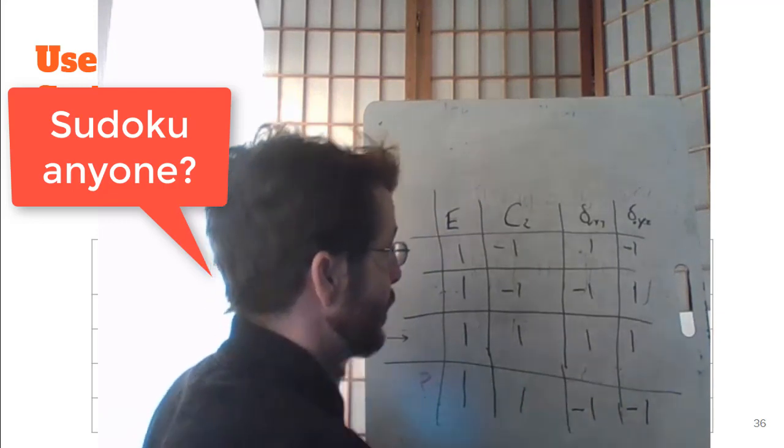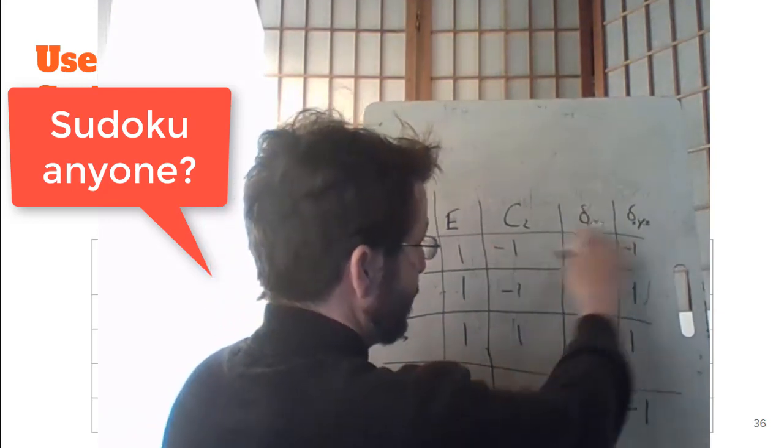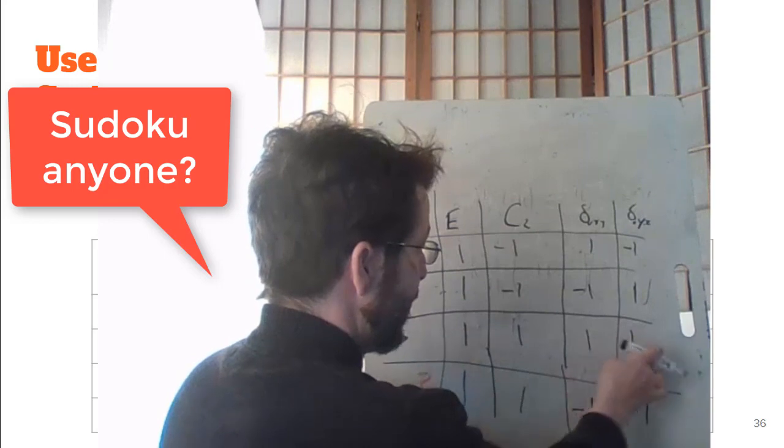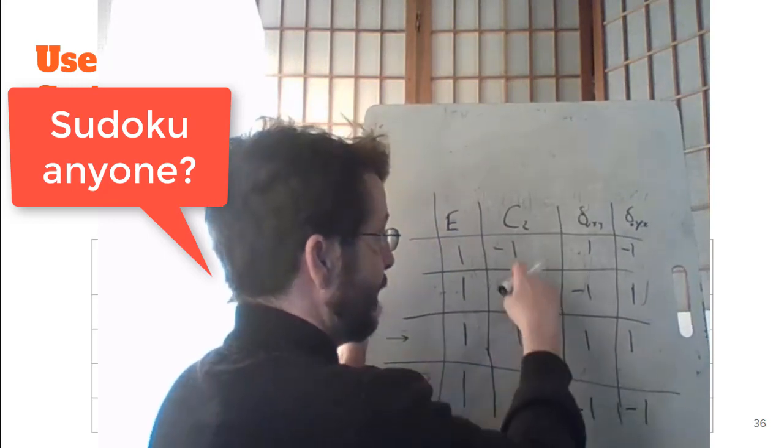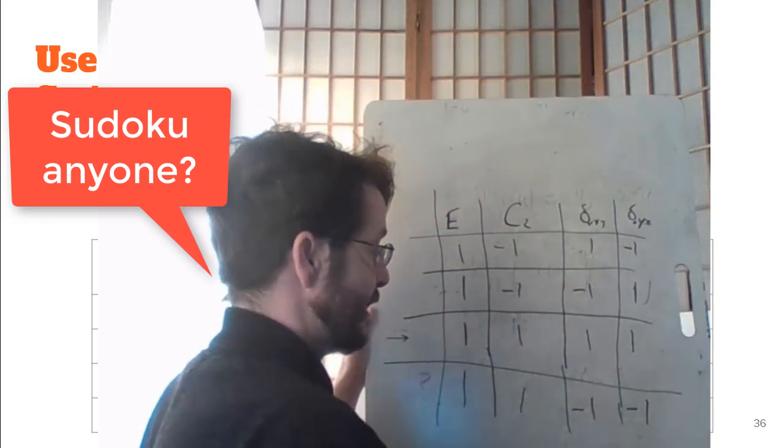Right? That's the only way we could get these to sum up correctly. So this one times that has to be two negatives, and then you would figure out the missing piece.